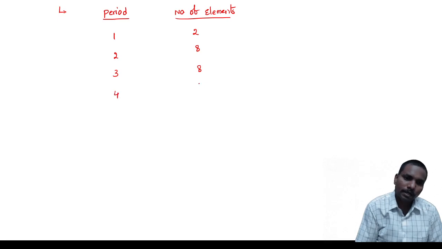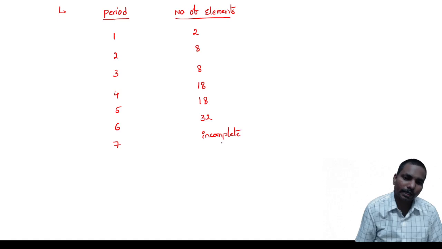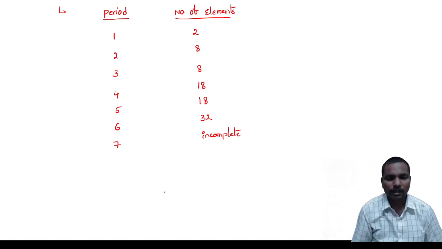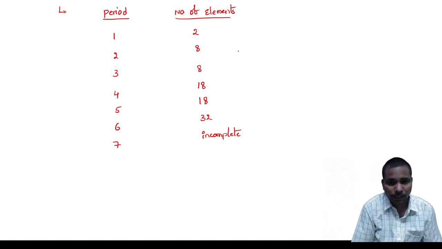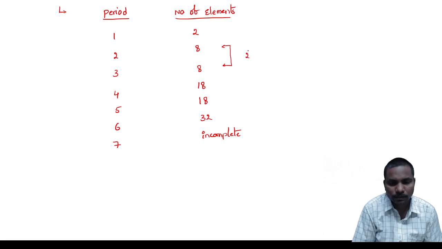Fourth period 18, and fifth period also we have 18. Sixth period 32. The seventh period is said to be incomplete. Very important question: which is the incomplete period? That is the seventh period. So second and third have 8 elements.